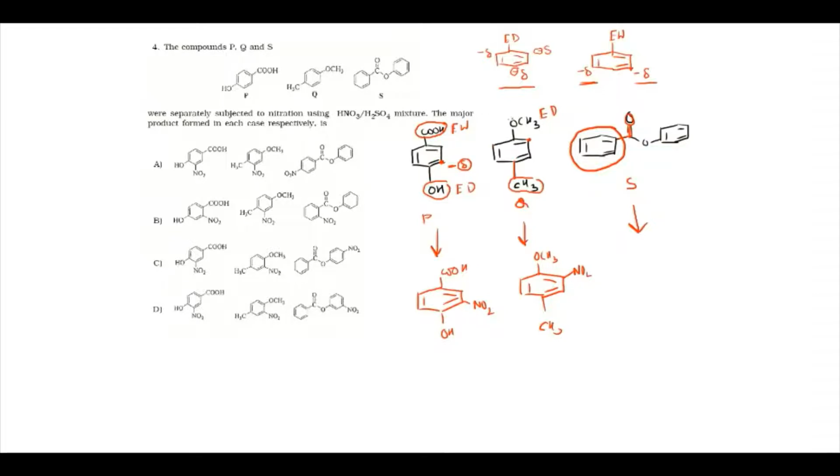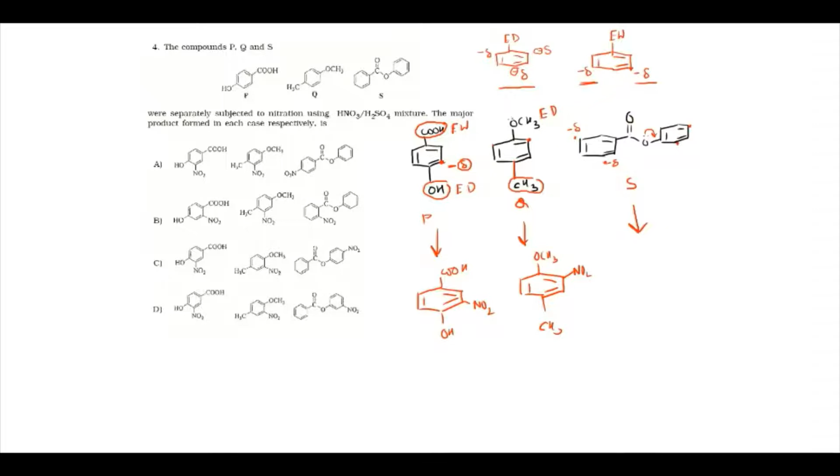So the electron charge density will be in the meta position relative to this carbonyl group. That means either this or this will have higher negative charge density, whereas here we have an electron donor which will increase the electron charge density in the ortho and para positions. So what will be the answer?